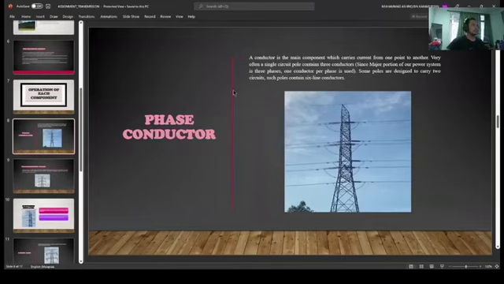Very often, a single circuit pole contains three conductors, since the major portion of our system is the phases. One conductor per phase is used. Some poles are designed to carry two circuits. Such poles contain 6 line conductors.